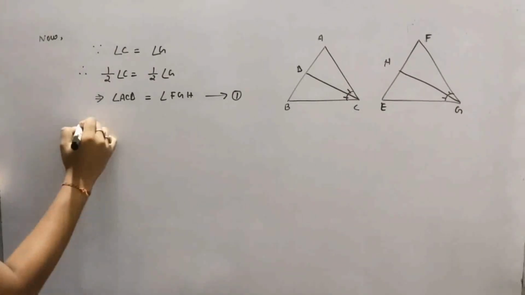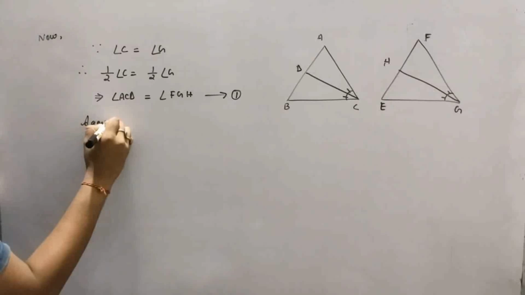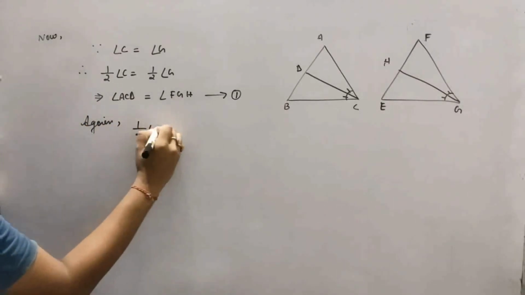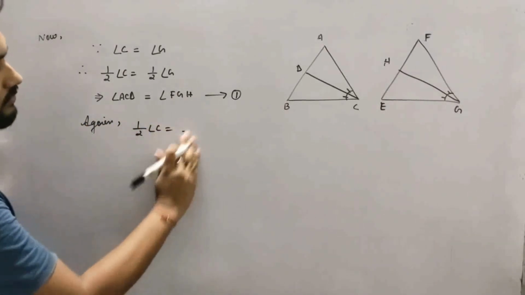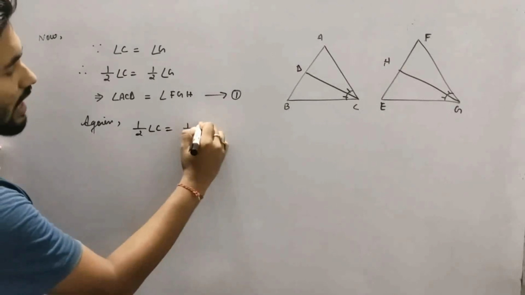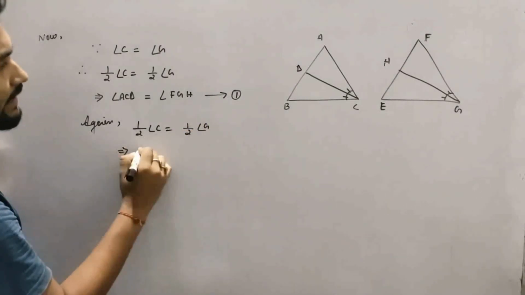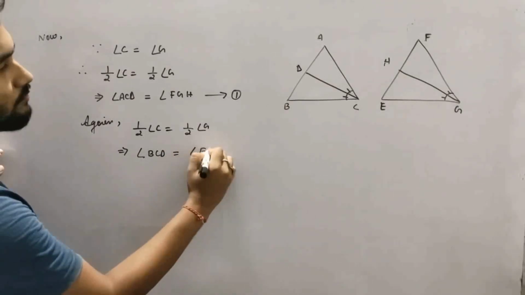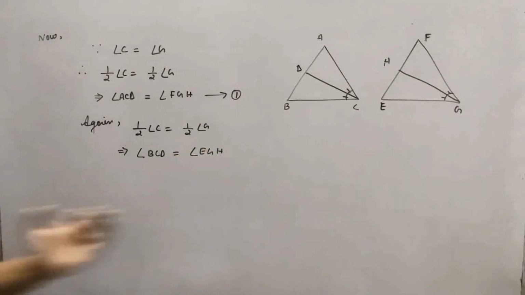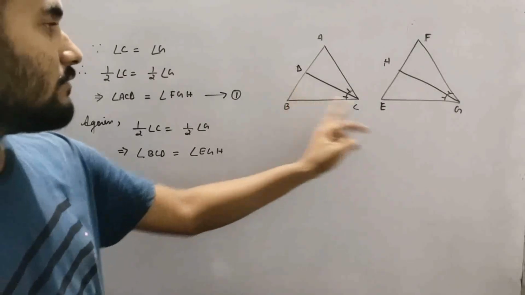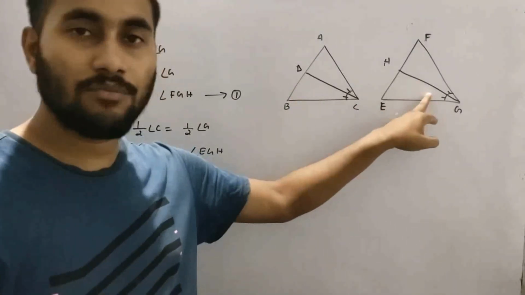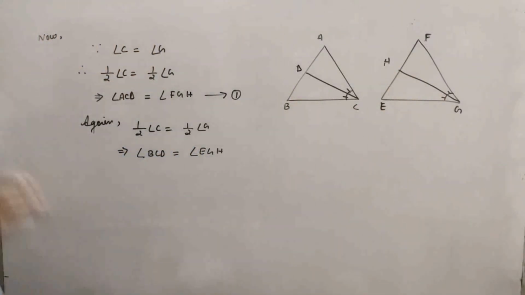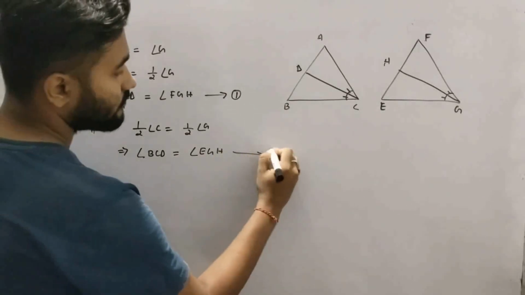Again, half of angle C is equal to half of angle G. Over here, if I take the bottom one, that is BCD, it will be equal to the bottom one, EGH. Understood? This one I can take as equation 2.